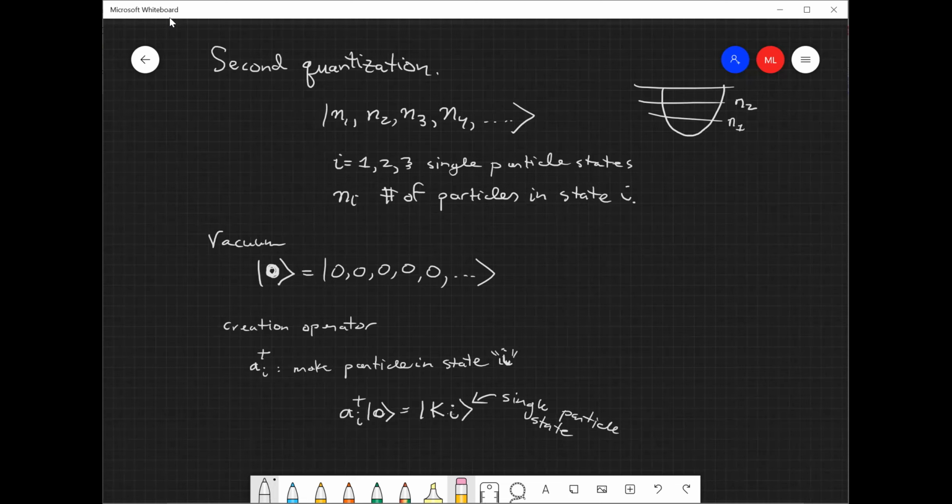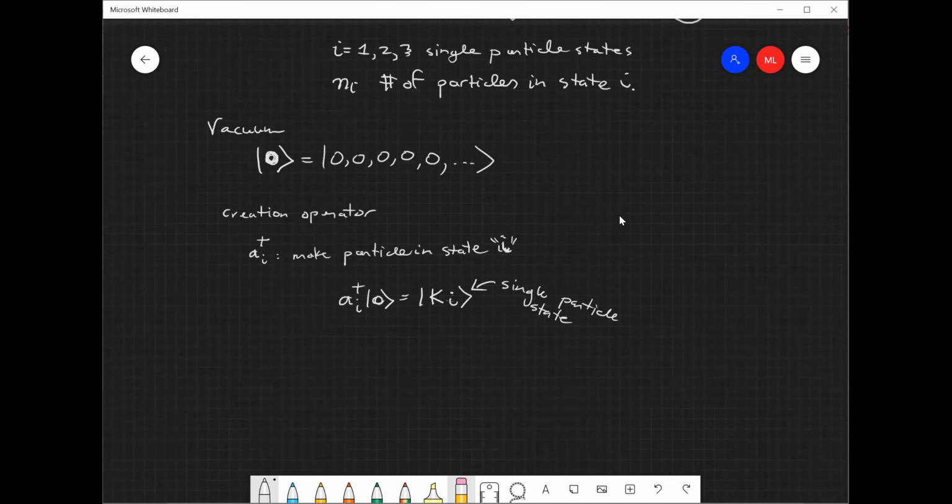So that's a sort of definition of it. And then for an annihilation operator, it's the same thing, except we remove a particle in state I. So what would that look like? Well, if you take the annihilation operator and act with it on a single particle state where you have a single particle in state I, then you better get back out the vacuum.